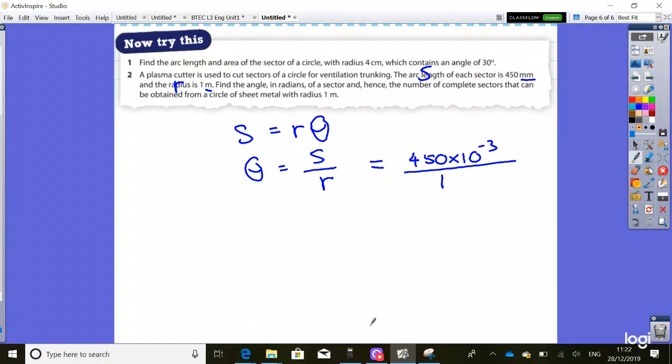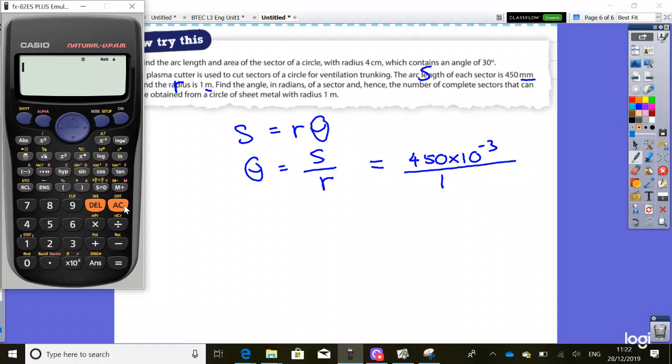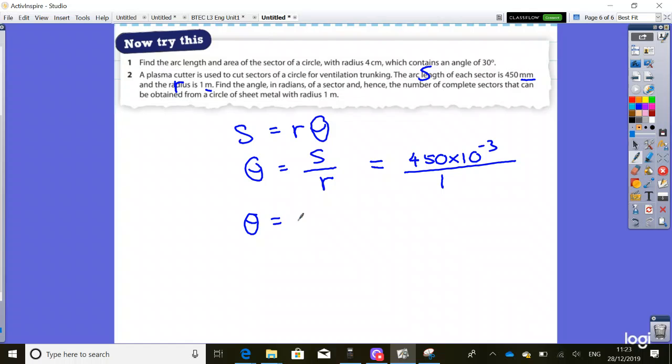Put that in the calculator, again working in radians. Oh no, we don't need the fraction, sorry, because it's divided by 1. So 450 times 10 to the power minus 3 is 0.45, and theta is in radians.